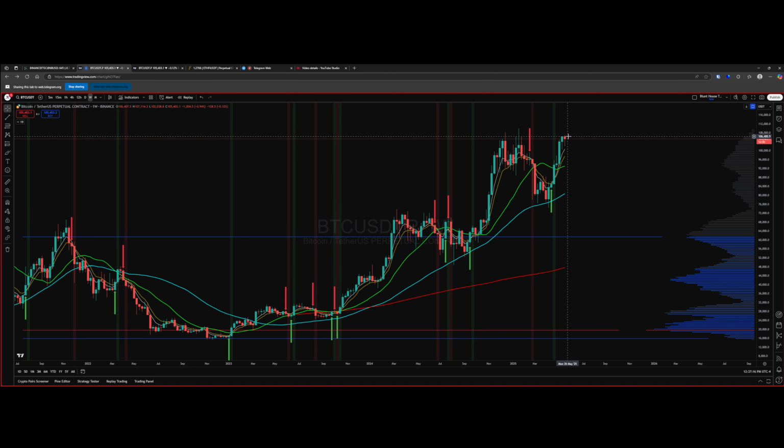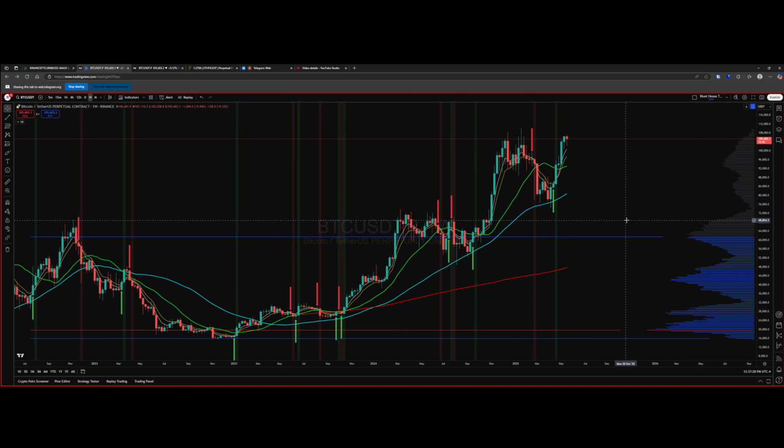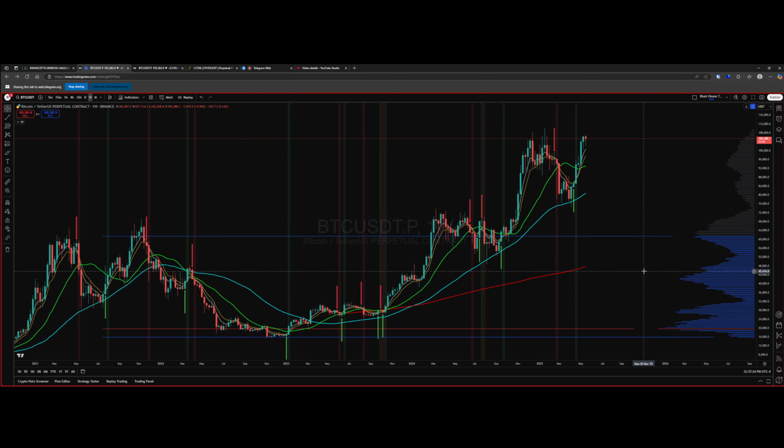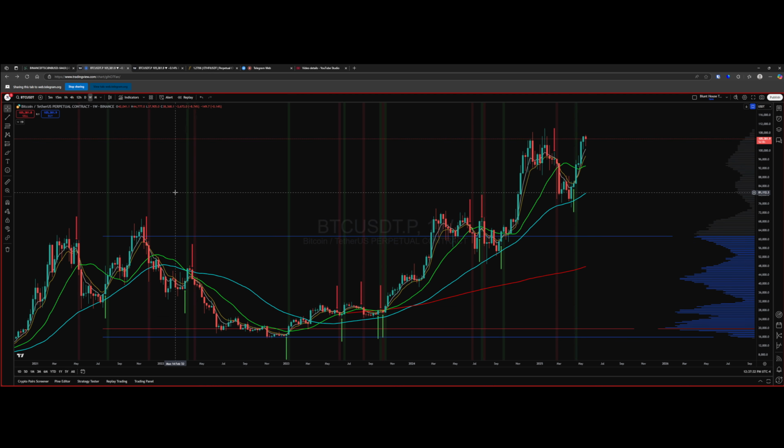On the weekly, Bitcoin is a little bit of a murky chart, right? Those can be problematic. And when you look at the weekly, does this not start to feel a little toppy? Yeah, it does. But we can only trade what's in front of us.